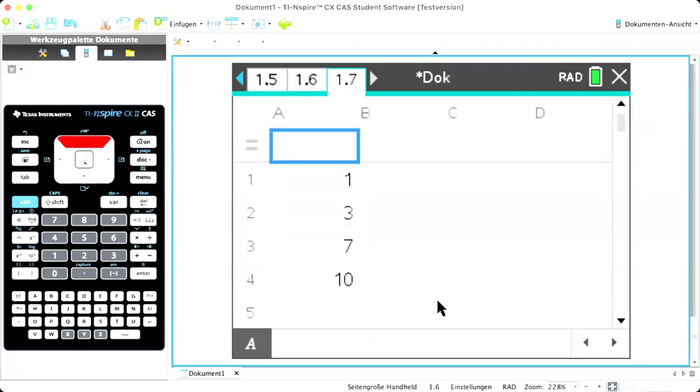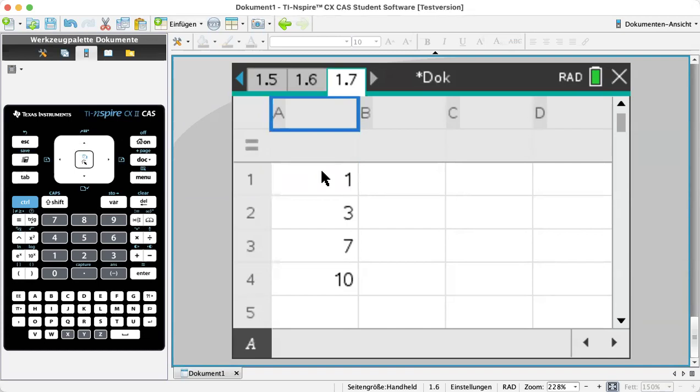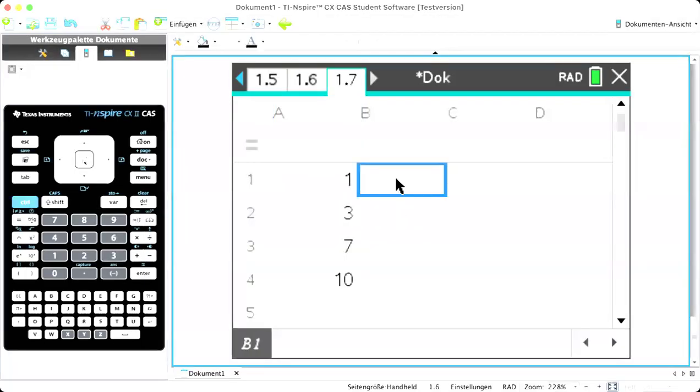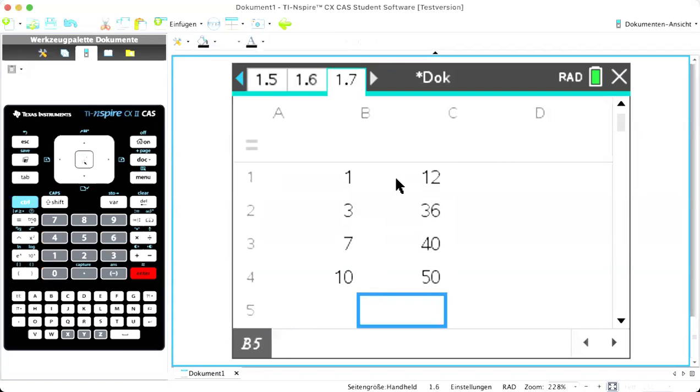And most importantly, remember what the column is named. Here it's the name A. Then let's say I have a second one, 12, 36, 40, 50, whatever. 2 samples. My second column is named B, because that's important.